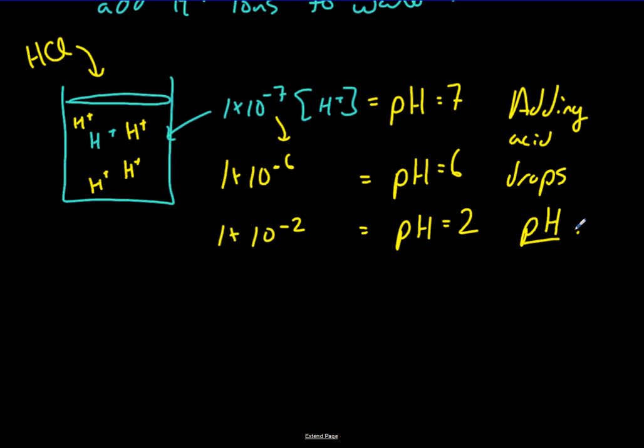Okay? You can just memorize that. If you don't care about understanding it, you're not going to continue on in chemistry, okay? It's fine to just remember that as you add acid, pH gets lower. If you are going to continue on in chemistry, it's good to know this. It's an important property of acids and bases, okay?